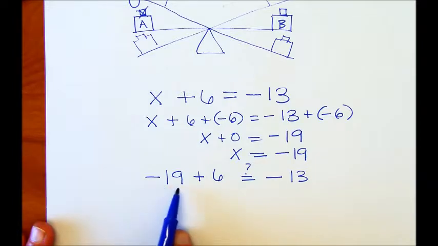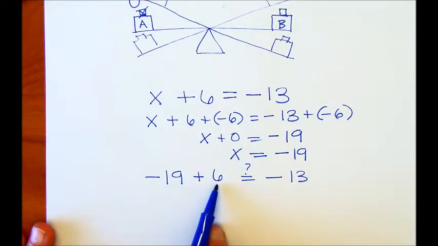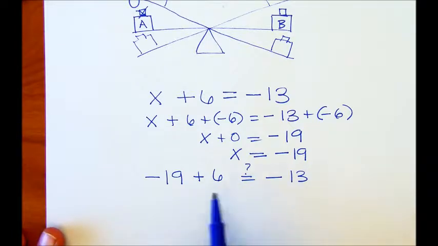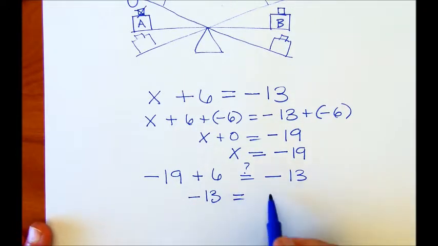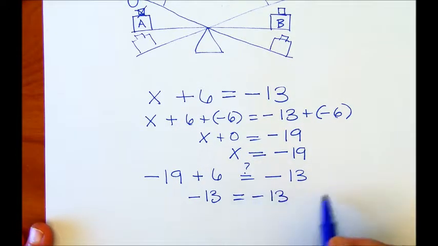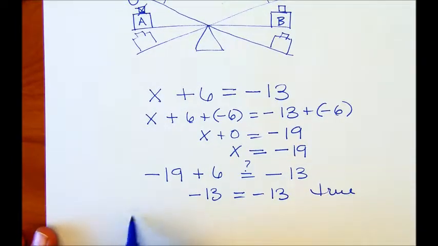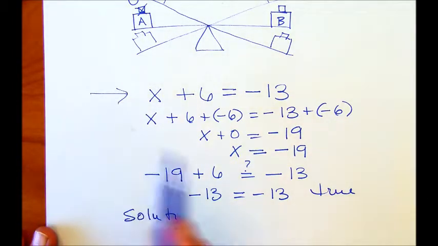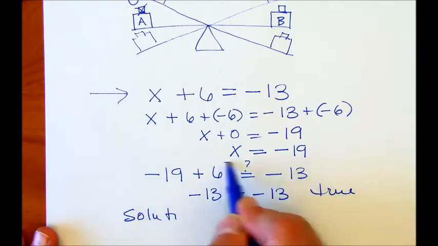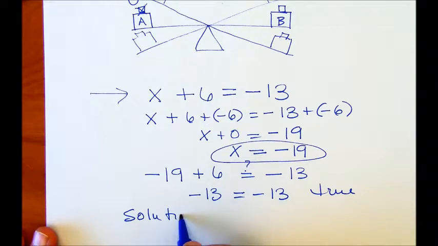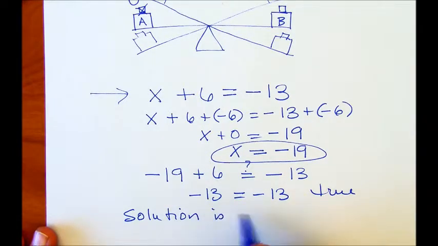Negative 19 plus 6, really we're going to subtract, and the answer will take the sign of the higher number, and we are going to get 13, so negative 13 indeed equals negative 13. So this is a true statement, and our solution for this original equation is negative 19.